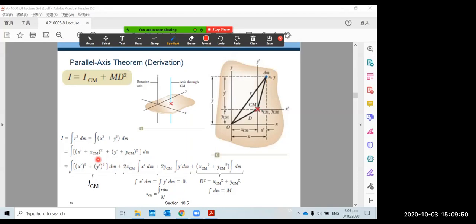So this could be expanded, so it becomes x dash squared plus y dash squared. Now x dash and y dash are seen on the diagram. This would be the location of the particle from the center of mass. So x dash squared plus y dash squared becomes the moment of inertia about the axis passing through the center of mass.